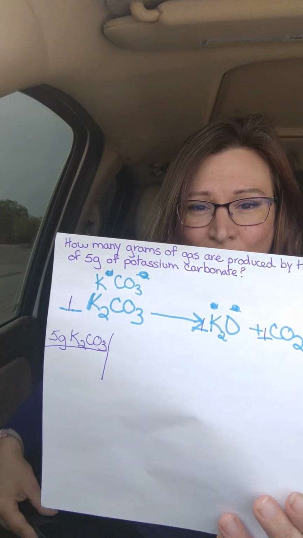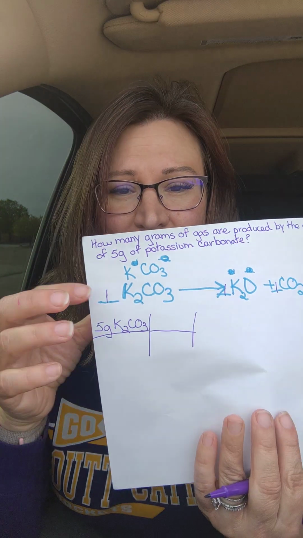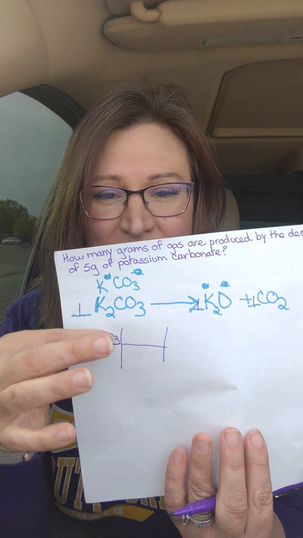So let's figure out what the molecular mass is of potassium carbonate. And we put the grams on the bottom so that those can cancel out. So grams of potassium carbonate on the bottom, and then we put the 1 mole of potassium carbonate on the top.